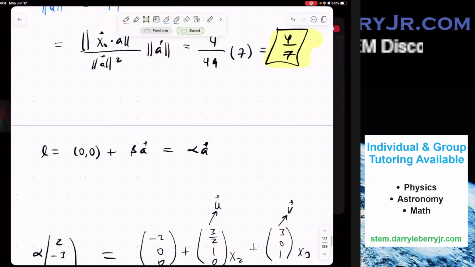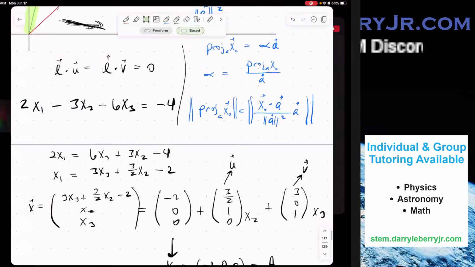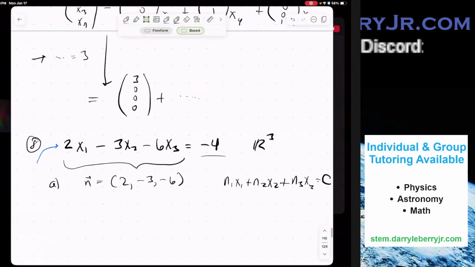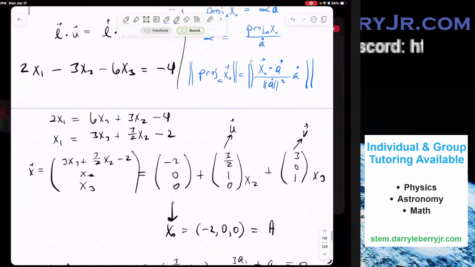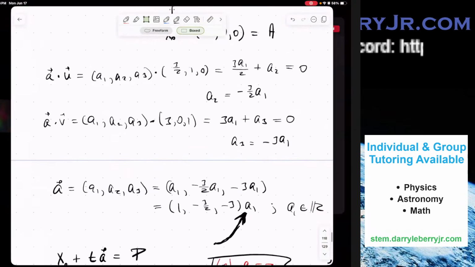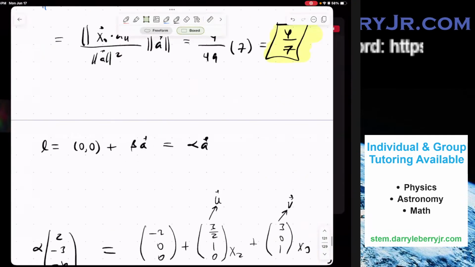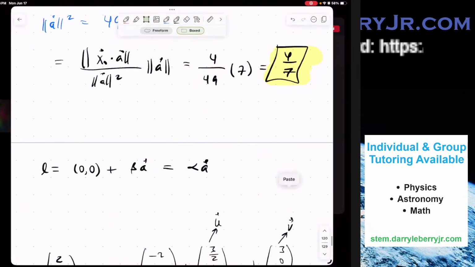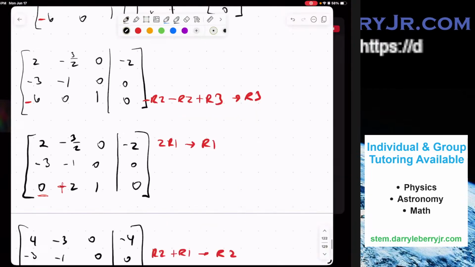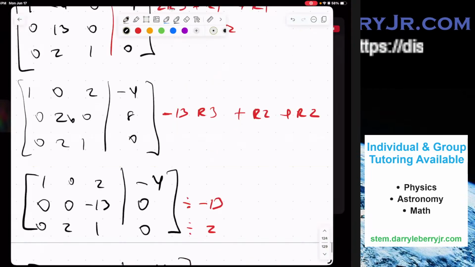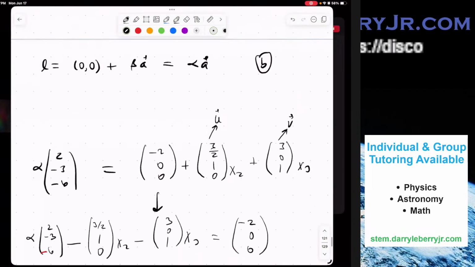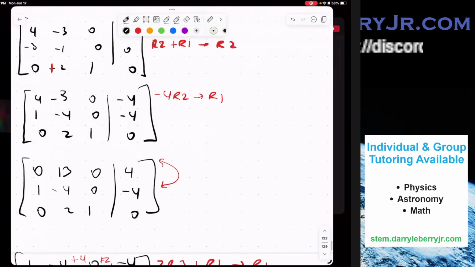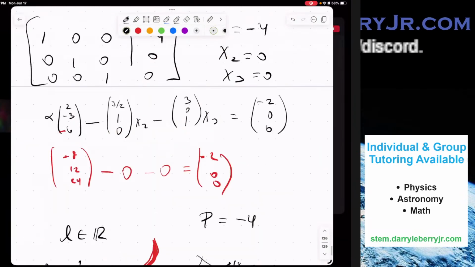What, D of this problem. So A is there, B is find the distance with the line, projection.